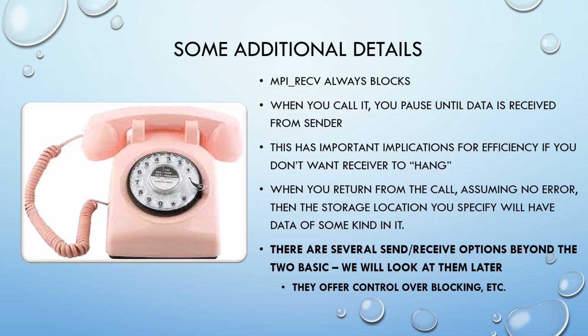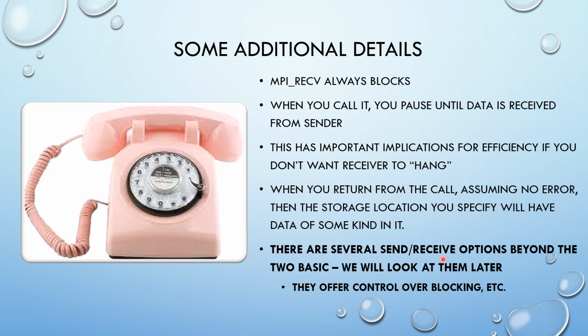Now, when you post your read or your receive, assuming there's nothing wrong with it, the storage location you specify will have the data that was sent to you. And again, let me back up. In bold right down here at the bottom, there are several kinds of send and receive options.